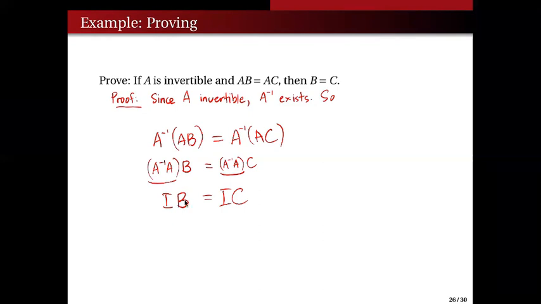So if you multiply B with I, you'll just get B, and on the other side, we have C. And this proves our statement here. So if A is invertible and we have AB equals AC, then B must be equal to C.